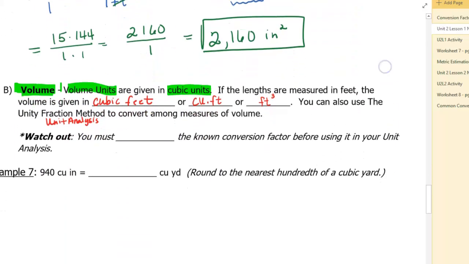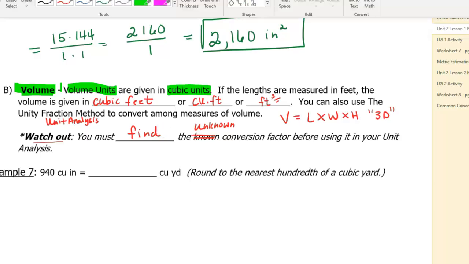But the formula for volume is length times width times height, so it is three-dimensional, which means our exponent will be to the third power. Again, watch out, because you must find the unknown conversion factor before you can use it in unit analysis.